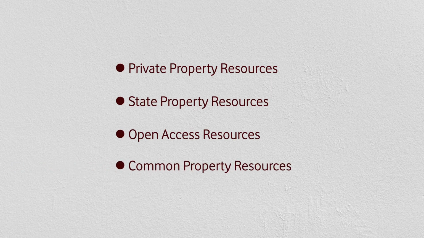And there are common property resources which are under the control of specific communities. They may be village lands, village ponds, grazing lands, wastelands, or community gardens. These are owned by a specific community, and they also include man-made structures like irrigation tanks. If they are built, they may come under the category of common property resources.